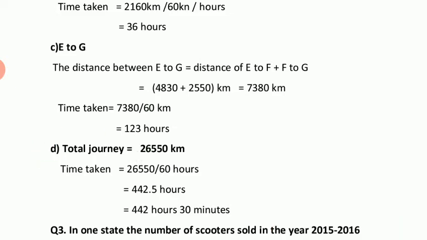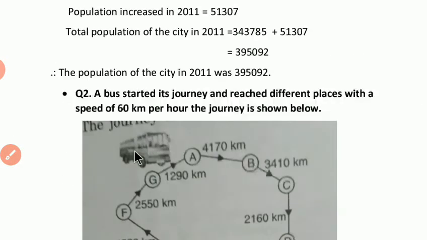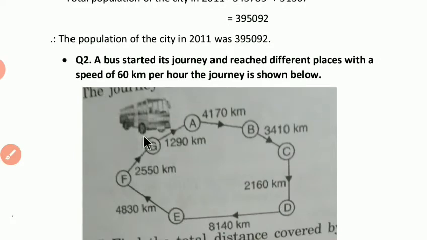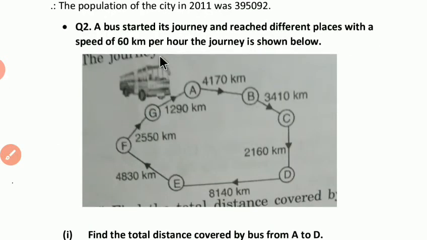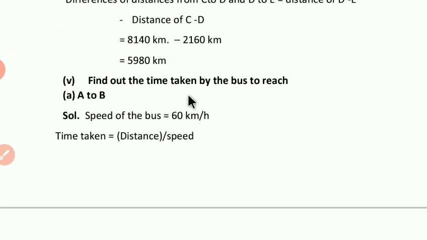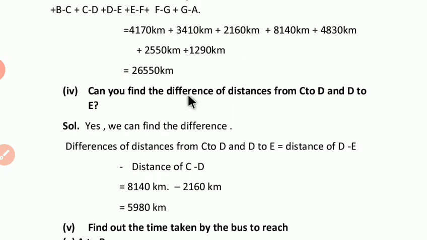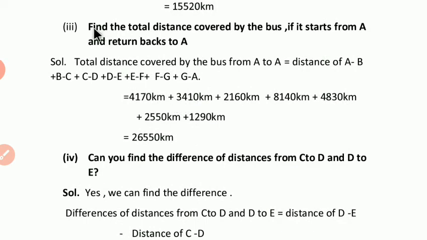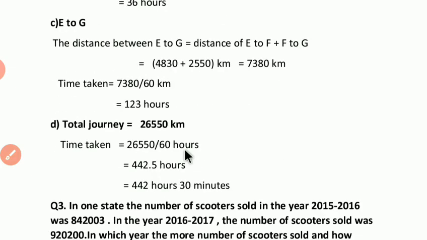Now last question, total journey. Total journey means the journey started by the bus from A and returning back to A. We have already seen the total journey in our third question, the total distance covered by the bus from A and returning back to A, which was 26,550 km.